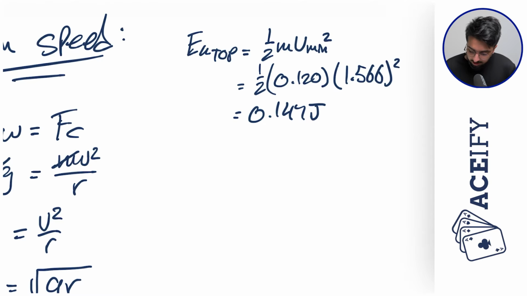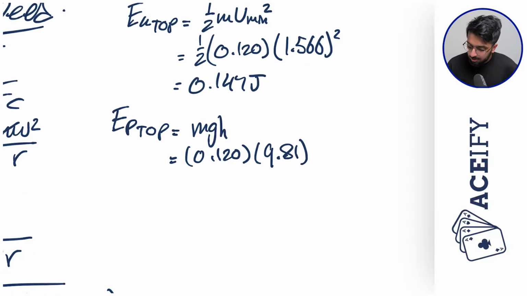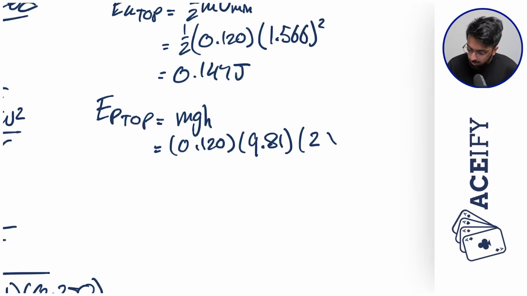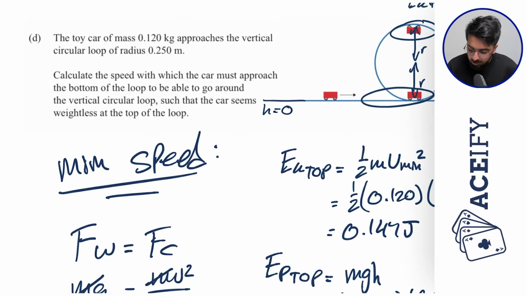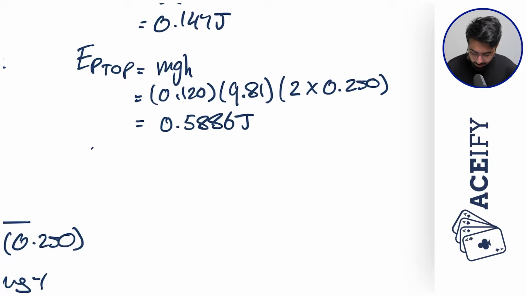We can calculate the gravitational potential energy at the top as well, and that's equal to mgh. The mass of the car is 0.120, hasn't changed, and the acceleration due to gravity is 9.81. Our height is 2 times the radius, which is 0.25, and that gives us a gravitational potential energy of 0.5886 joules.